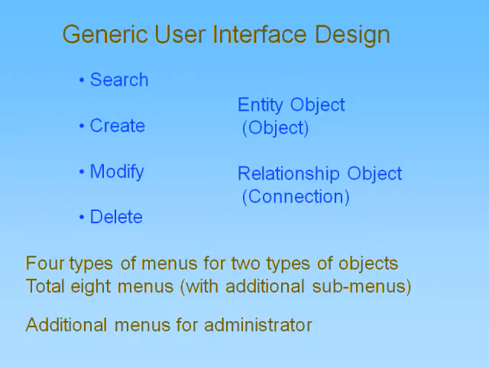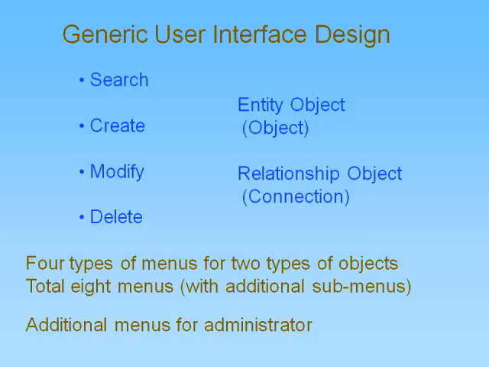With regard to the user interface, most of the time what users want to do is to create, modify, delete, and search their data. The user interface design uses menus just to do that. There are 8 main menus derived from 4 types of menus, that is, search, create, modify, and delete, for 2 types of objects, that is, entity object and relationship object.